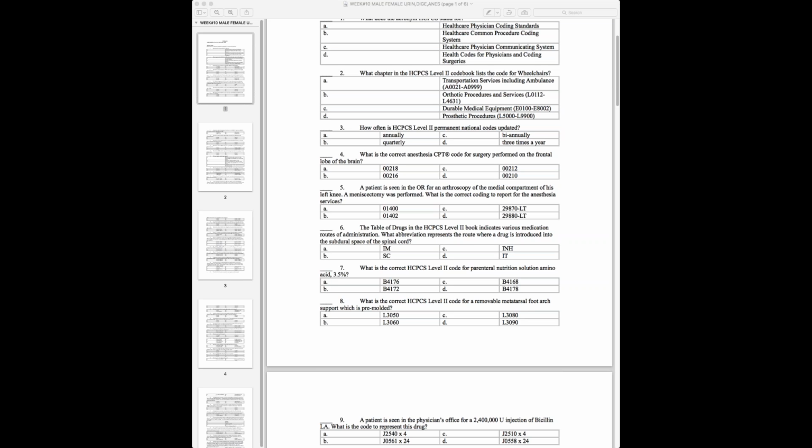Remember your VBAC is going to be on page 363, all your VBAC procedures, and they will have the acronym VBAC there. Yeah, 363 under delivery after previous cesarean delivery.